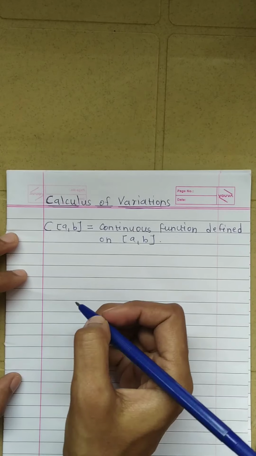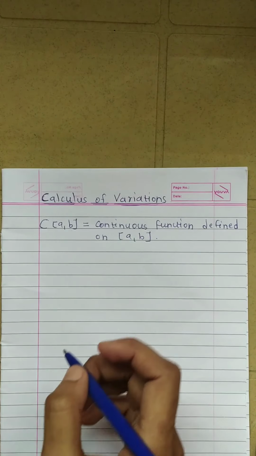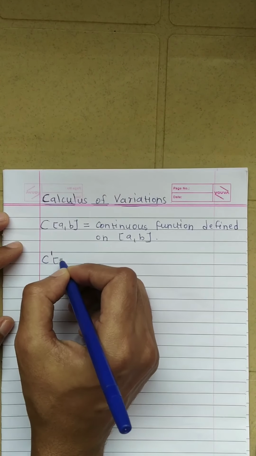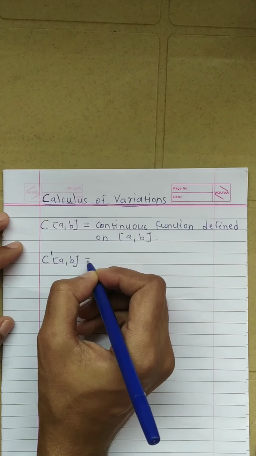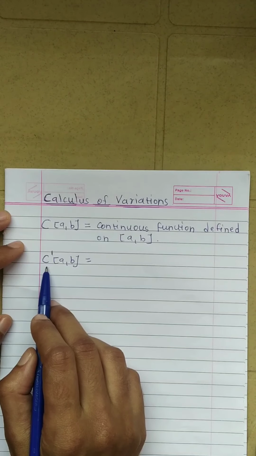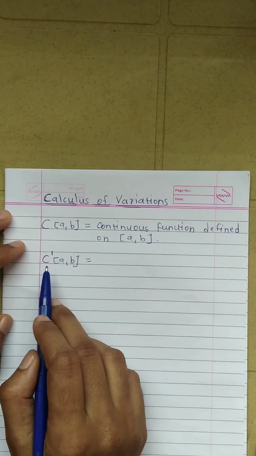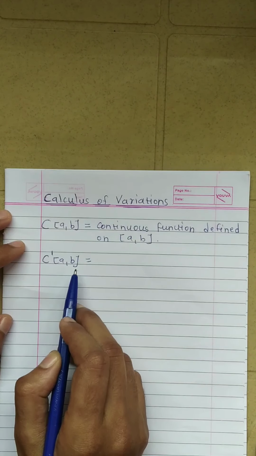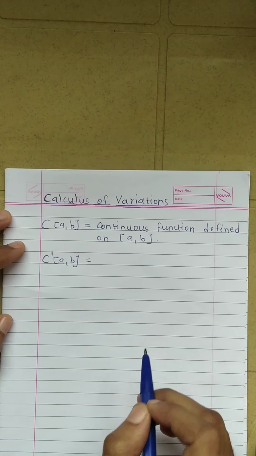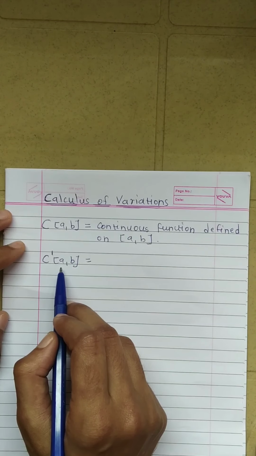Okay, then there will be one more class which we will use, C1[a, b]. Okay, you all must be already familiar with this. A function is called a C1 function if the function is continuous and it's differentiable, and further to that, the derivative is also continuous on this closed interval [a, b].